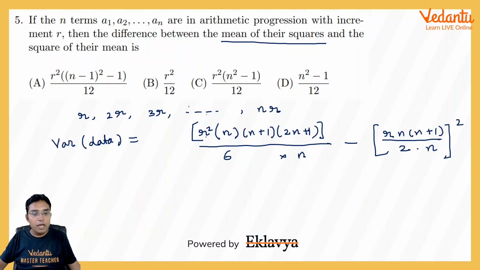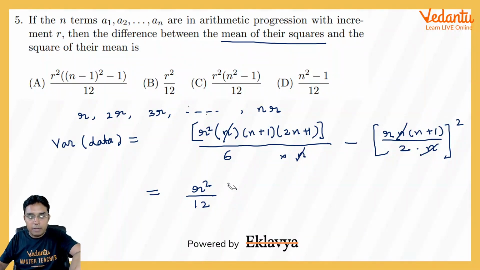So this is what I am looking for. Here you can see this n will cancel this n, and this n will cancel this n. I can take R square common, I can also take 12 common. So R square upon 12 if I have taken common, and also n plus 1 can be taken common.